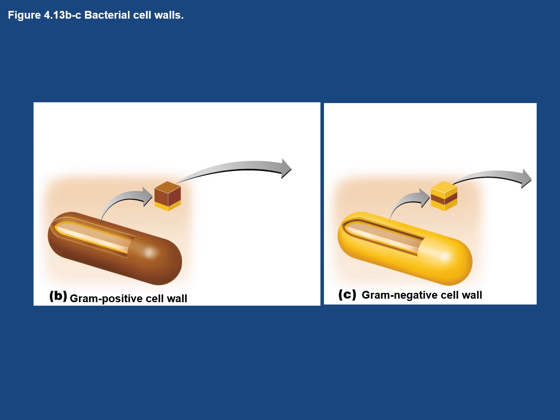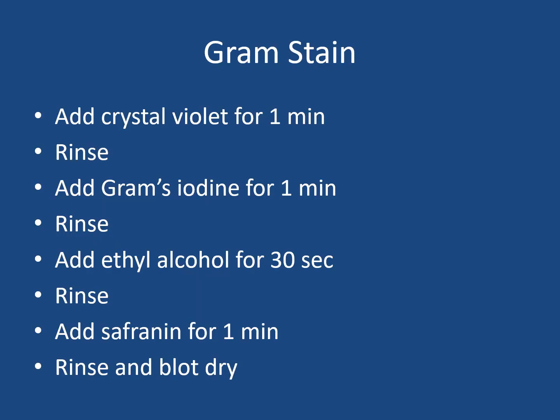In a gram-negative, it is a very thin layer of peptidoglycan, and on the outside of it, around that peptidoglycan layer, there is a lipopolysaccharide membrane. This membrane is not present in the gram-positive bacteria. So this is going to play a huge role as to the way it responds to the stains.